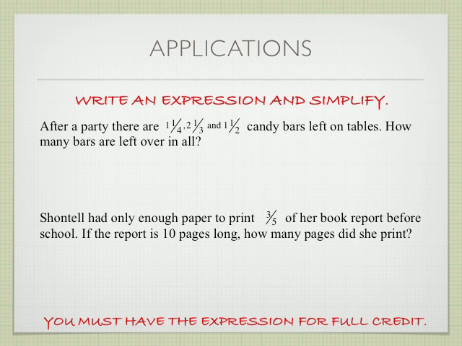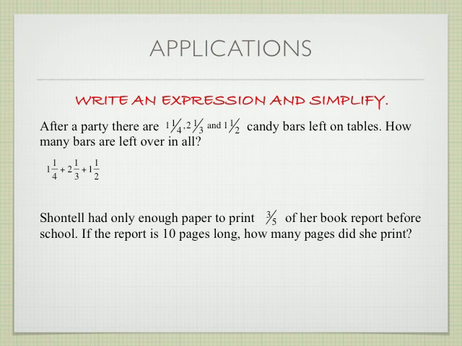So what would I do with those numbers? I'd add them all together. So I have 1 1/4 plus 2 1/3 plus 1 1/2. Now I could start to add things up, but remember, what type of fraction is easier if you're going to do a mathematical calculation?